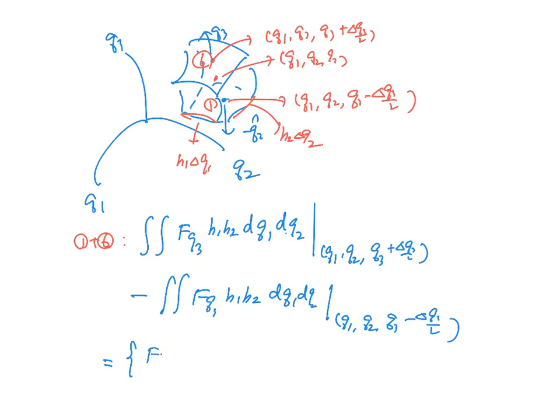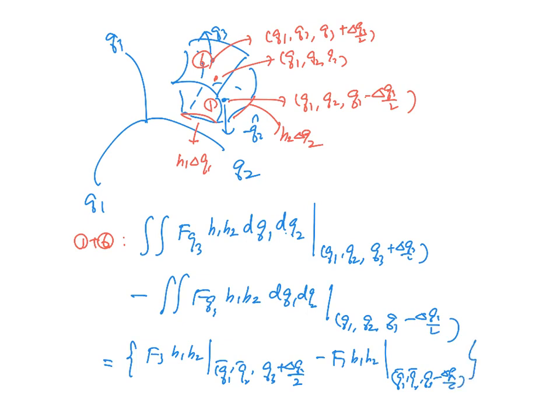So F3, H1, H2, this is at Q1 bar, Q2 bar, Q3 plus delta Q3 over 2 minus F3, H1, H2, at Q1 bar, Q2 bar, Q3 minus delta Q3 over 2, delta Q1, delta Q2.